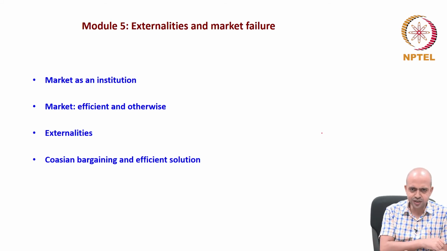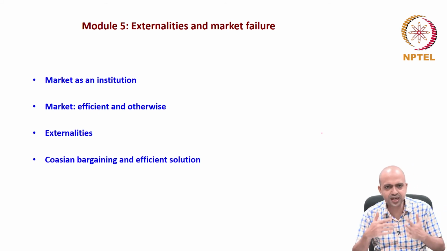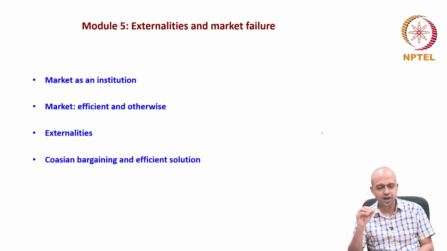And this smoker, the active smoker, is not compensating anything for the loss he or she is causing to the passive smoker. So this is a case where the market fails, because there is a presence of externality. In presence of externality, market fails.